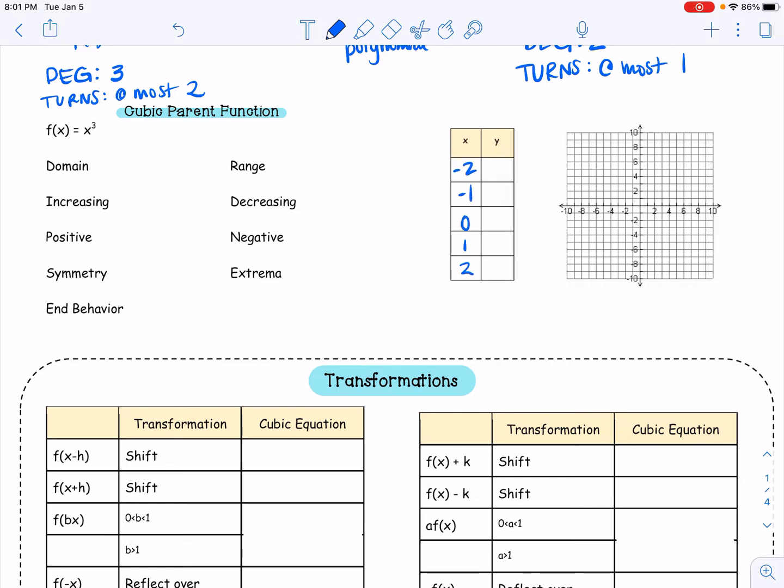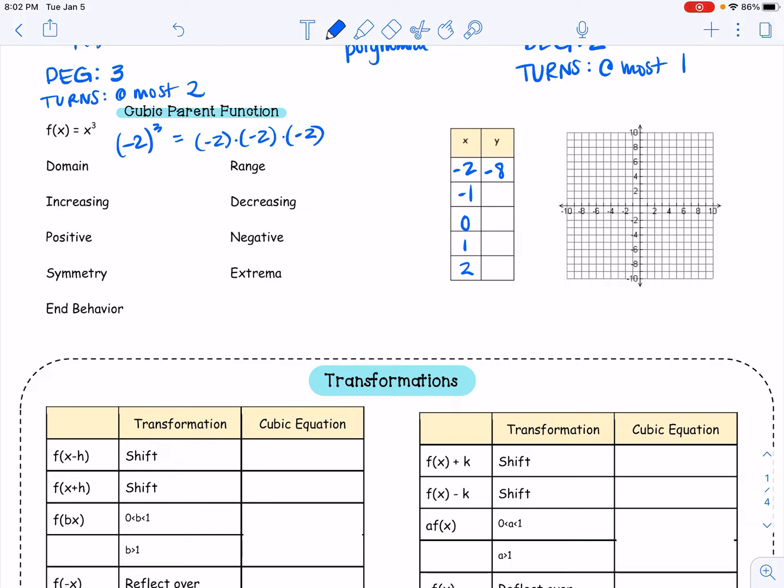So if I plug in -2 inside that variable of x, then I have a -2 cubed, which means I'm multiplying -2 times itself 3 times. Well, -2 times -2 is a positive 4, times another -2 is going to be a -8.